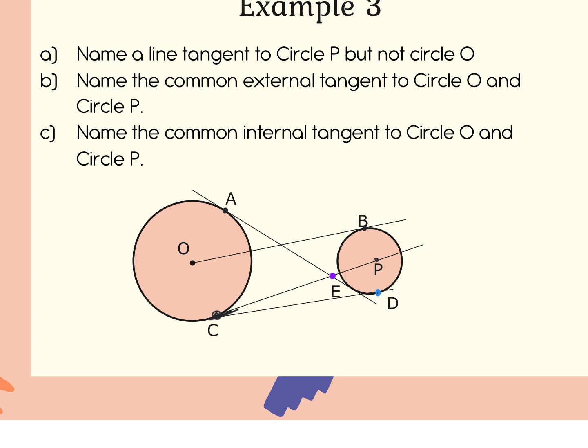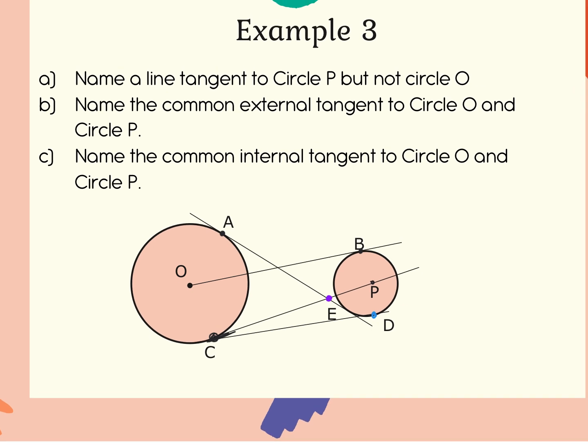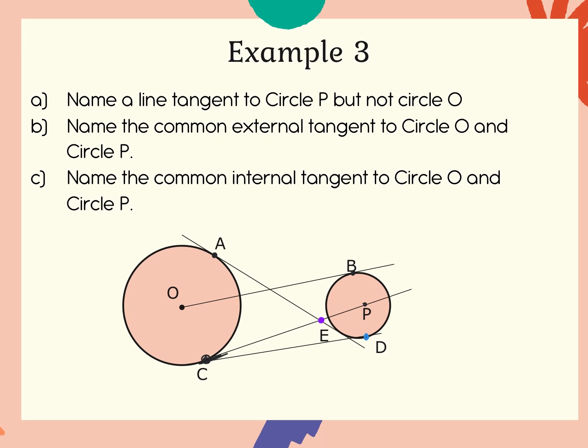Name a line tangent to circle P but not circle O. Which one's tangent to circle P but not circle O? OB. You could either write it as OB or BO. Keep in mind they said it's a line.